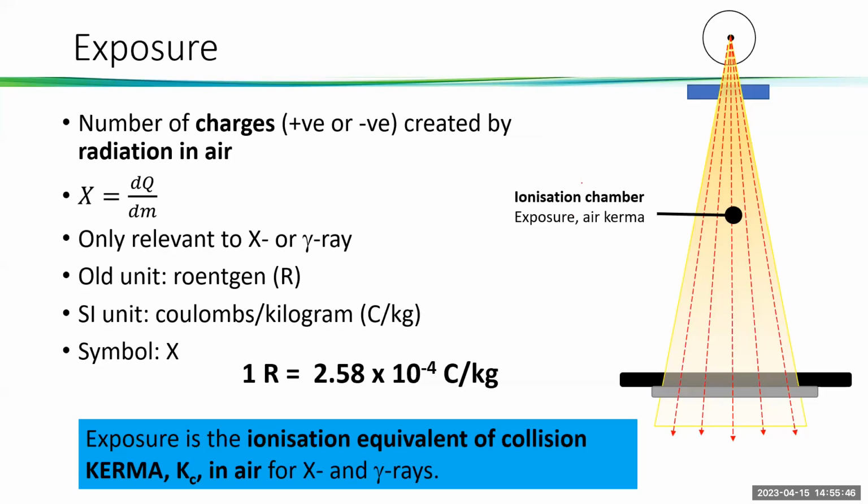This is only relevant to X-rays or gamma rays. The old unit is Roentgen, while the SI unit is Coulomb per kg. So imagine you have your ion chamber here, and what you're measuring is exposure. Exposure is essentially the ionization equivalent of collision Kerma in air for X-rays and gamma rays.